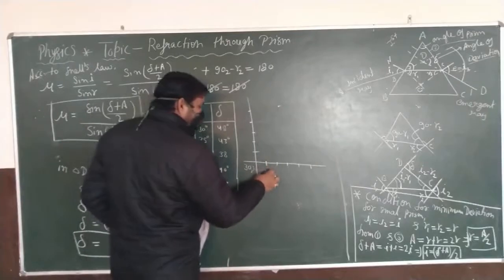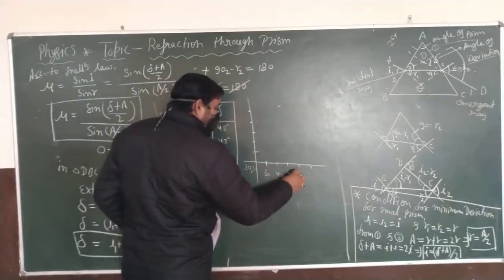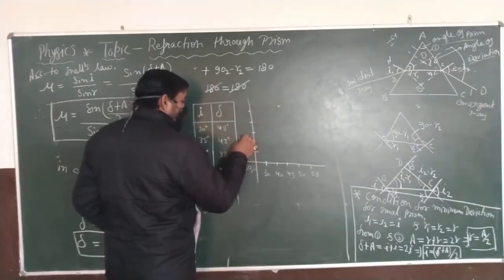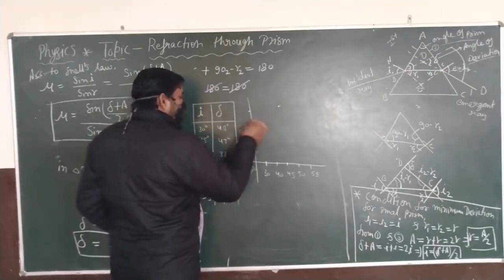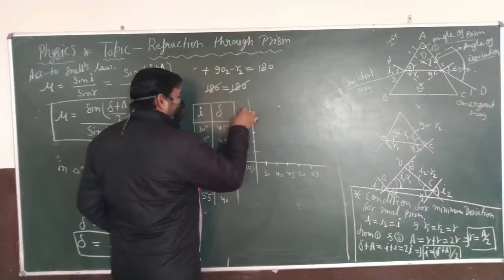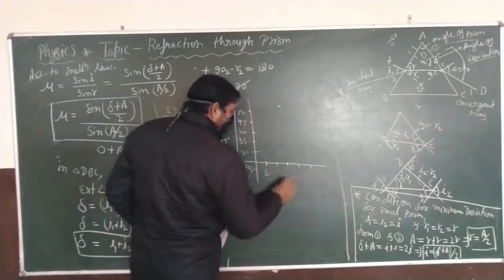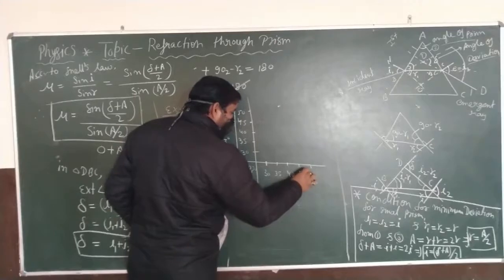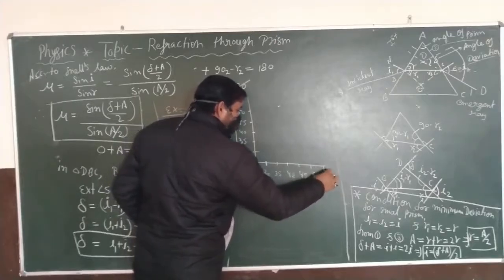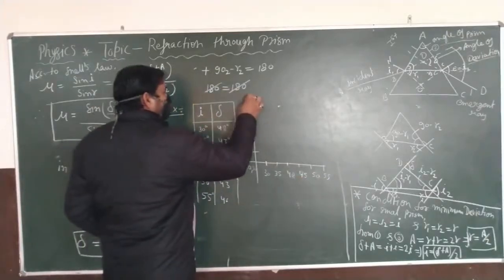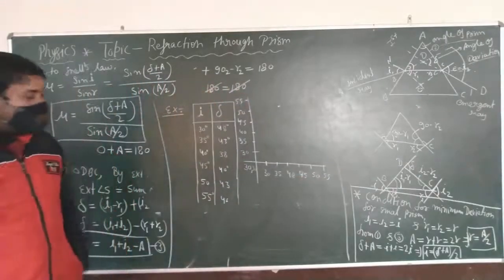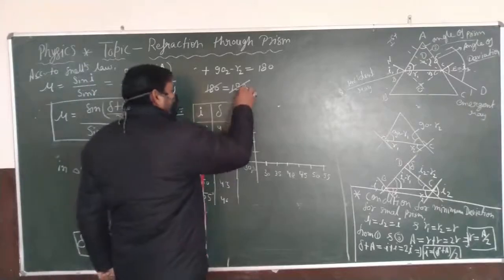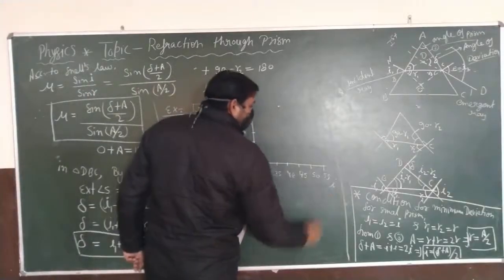Now for 30-degree incidence angle, this is the angle of deviation and this is the incidence angle.